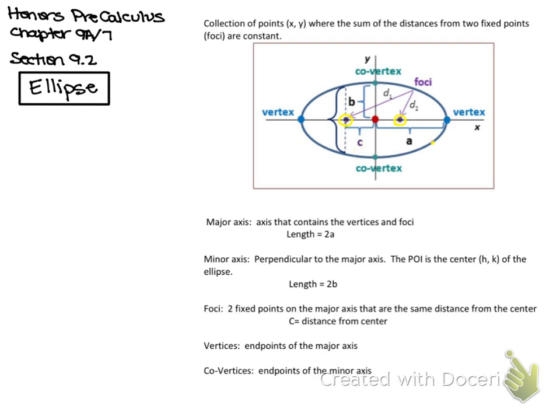So if you choose a point over here, then the sum of the distances is the same. If you choose a point anywhere on it, the sum of the distances is going to be the same.